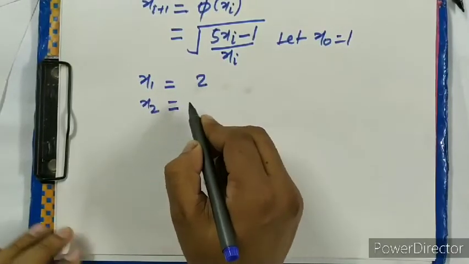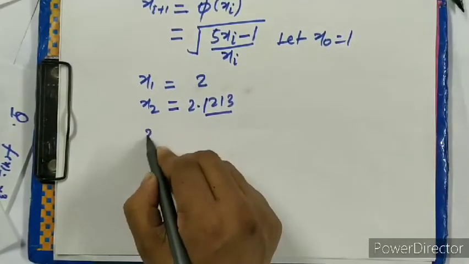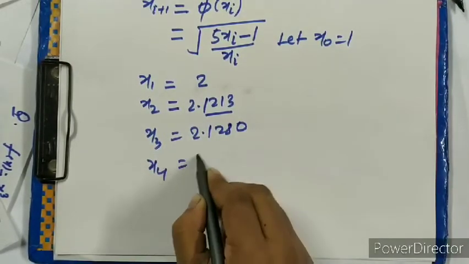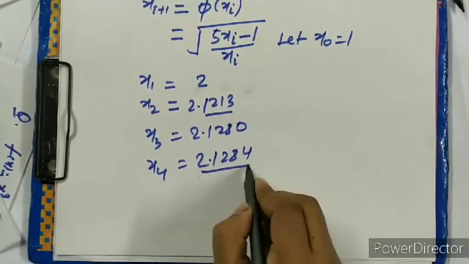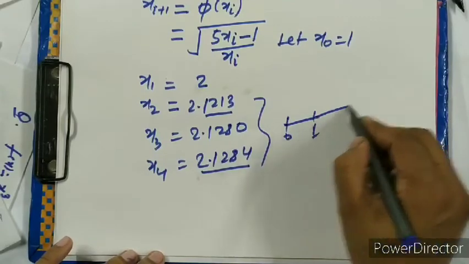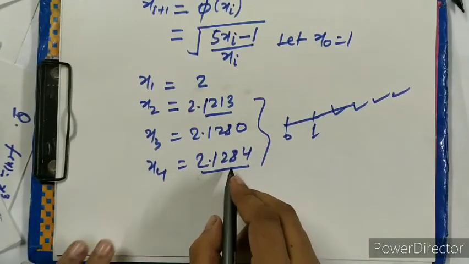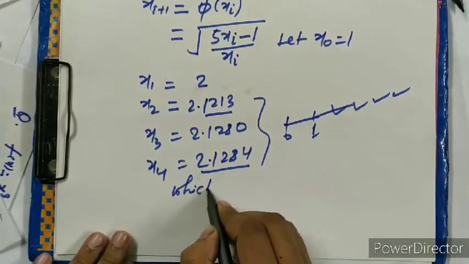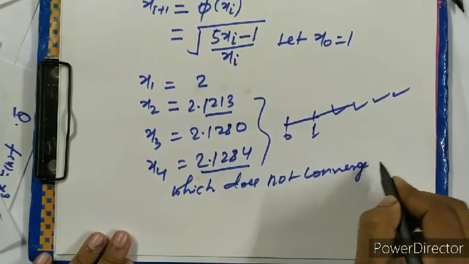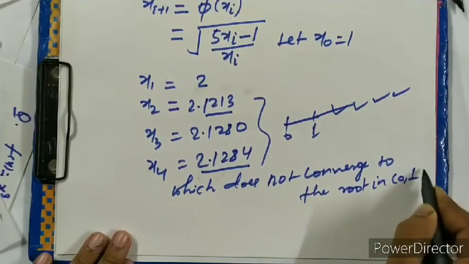What is x2? x2 I have calculated already, 2.1213. x3 is 2.1280. x4 is 2.1284. Clearly it goes beyond the interval 0 1. We are getting the approximation here, which does not converge to the root in 0 1. Is it clear?